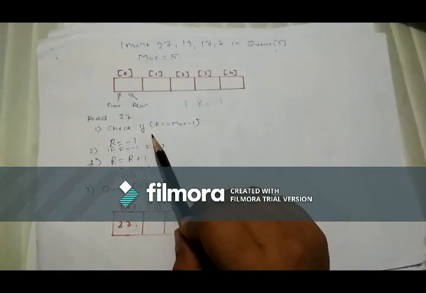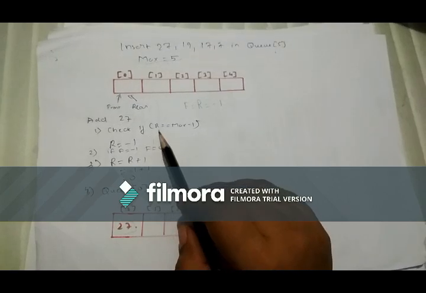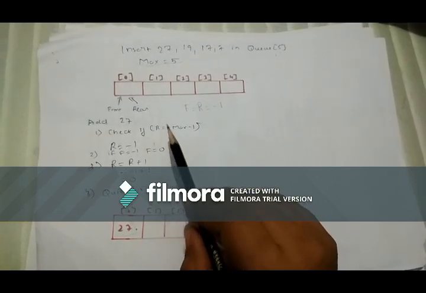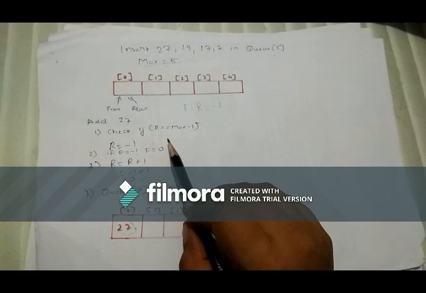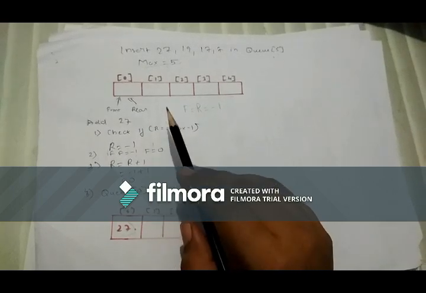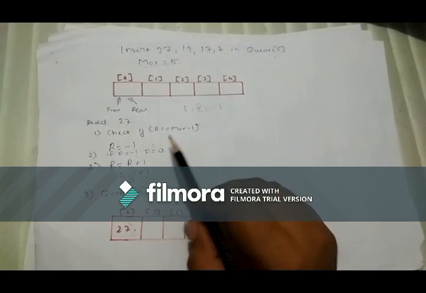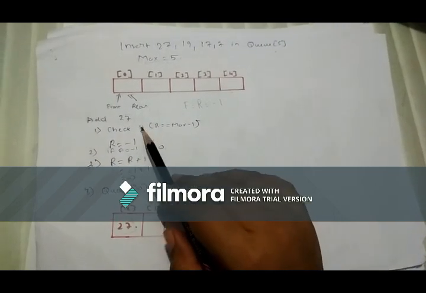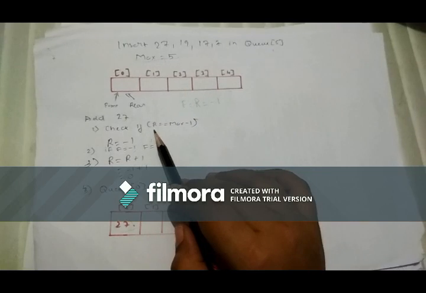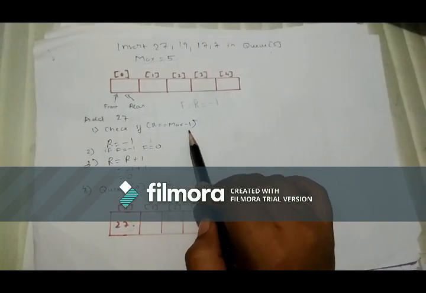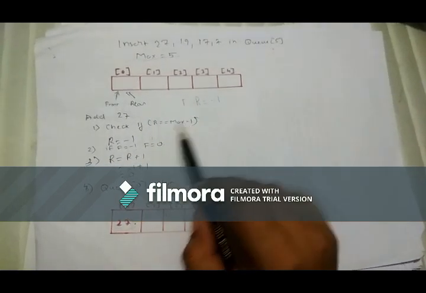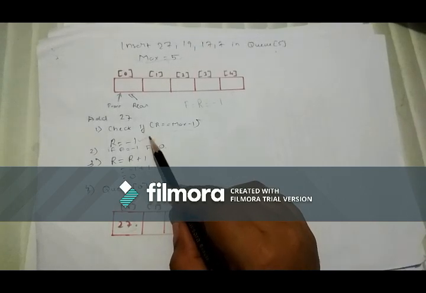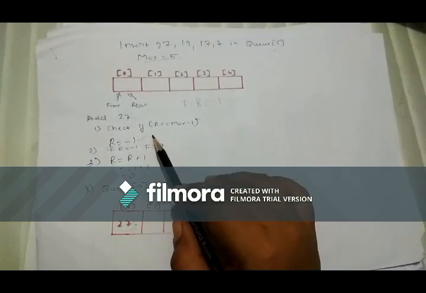Following the algorithm of insertion of an element, we will first check whether the queue is full or not, that is the overflow condition. We will check if r is equal to max minus 1, but initially r is -1, so it is false.